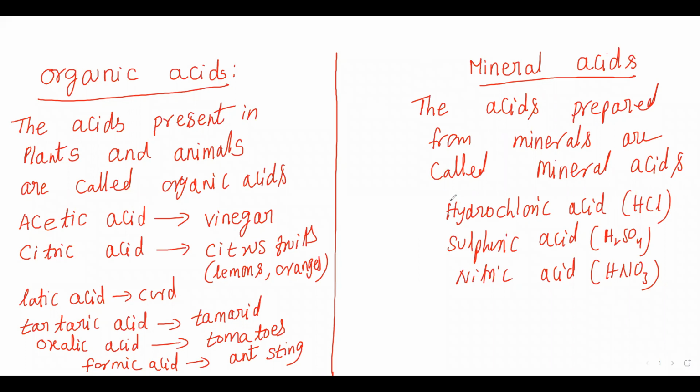Whereas these are the most commonly used mineral acids, which are very strong. They are harmful. We should handle these acids with care. Even after diluting, they are harmful. If you are exposed to these acids, they are capable of burning the skin.